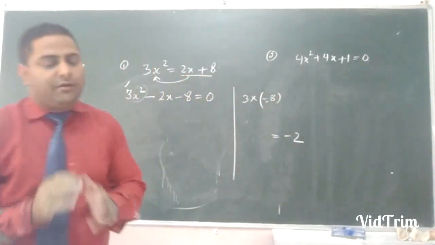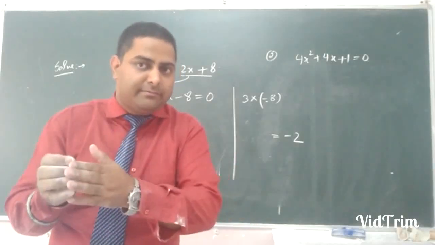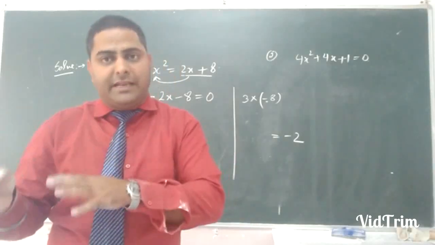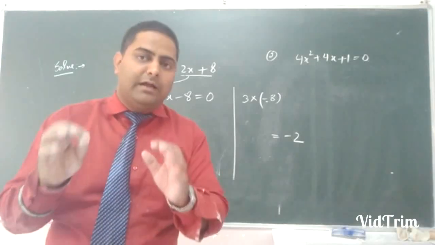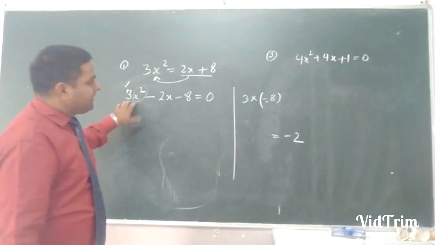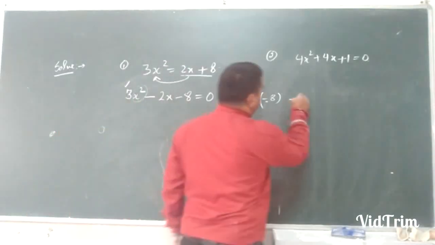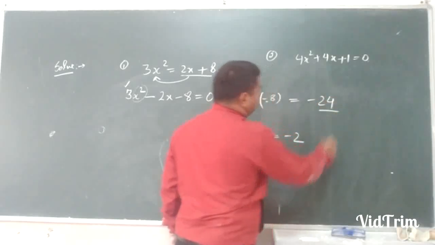Always keep in mind, we always multiply the coefficient of x square, that is coefficient of the variable having power 2, and the constant term. So 3 multiplied with minus 8, what do we get? Minus 24.